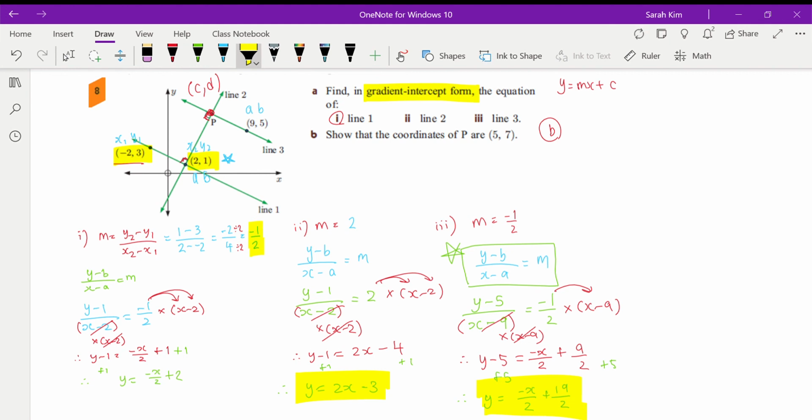So all I'm going to do is rewrite it so that my x value is C and my y value is D. Using line 2, it tells me that D should be 2 times C take 3. Brilliant. My line 3 tells me that D equals minus C over 2 plus 19 over 2.